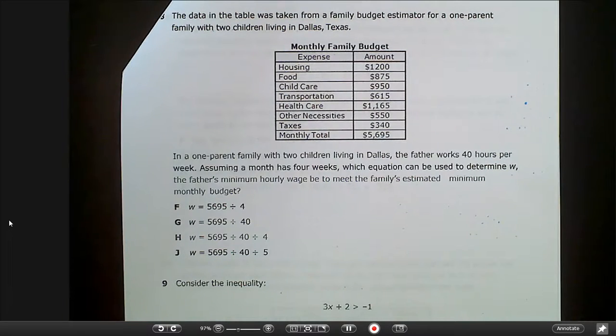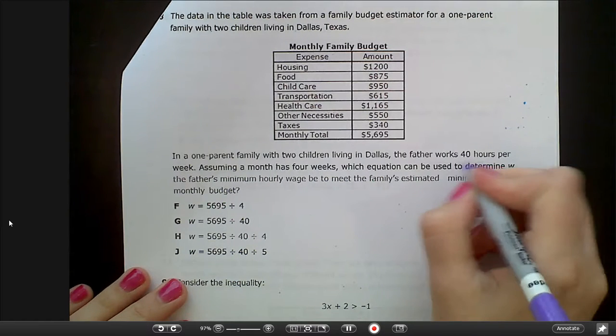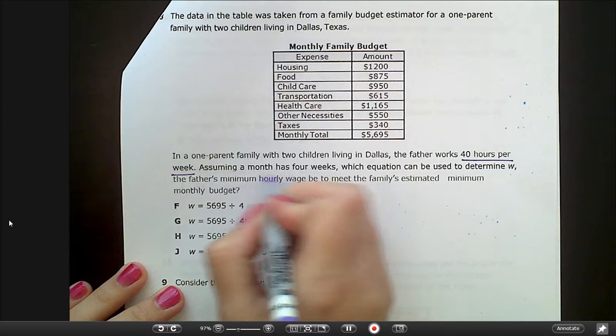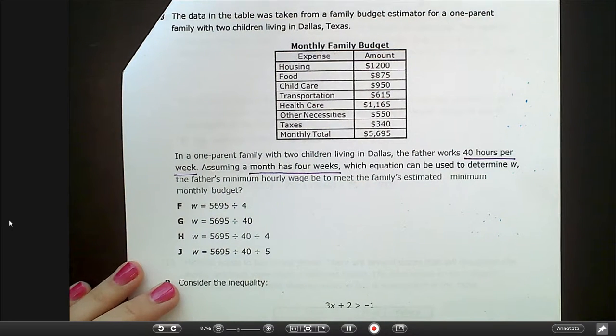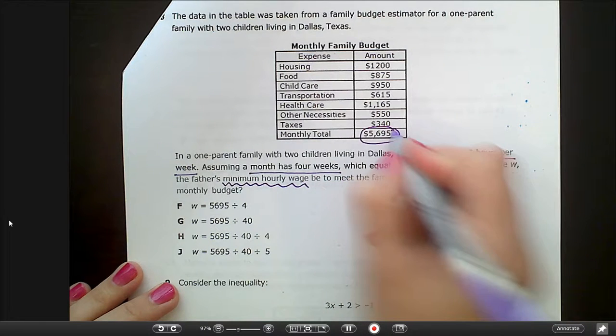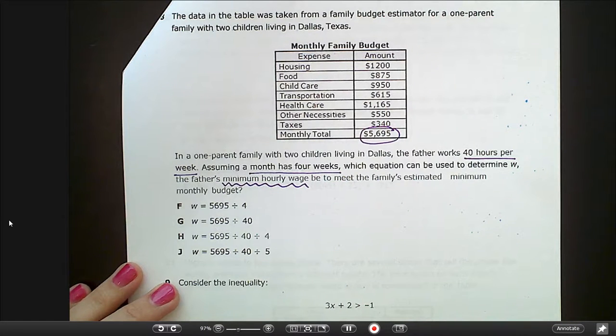Number 8. Go ahead and read number 8 quietly to yourself. So we're assuming that this person works 40 hours per week and that a month has 4 weeks. So how much money does he need to make per hour, his minimum hourly wage, in order to make at least that much money?